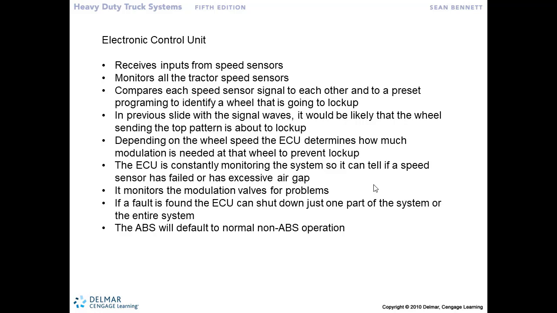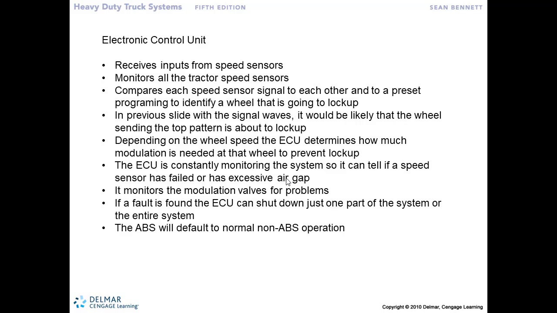It's also constantly monitoring those speed sensors, and it has a way to tell if it has a speed sensor that has failed or has excessive air gap. If that speed sensor fails, it's no longer going to see any signal from that wheel end, all right?